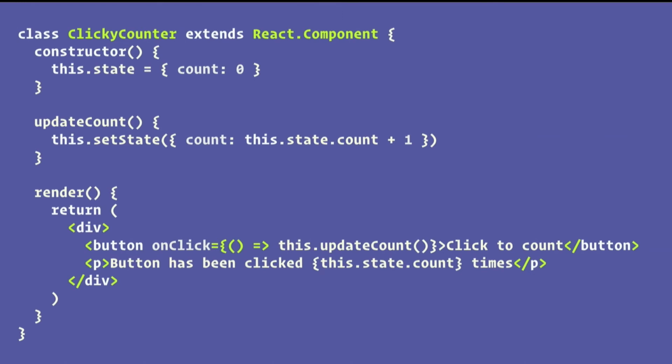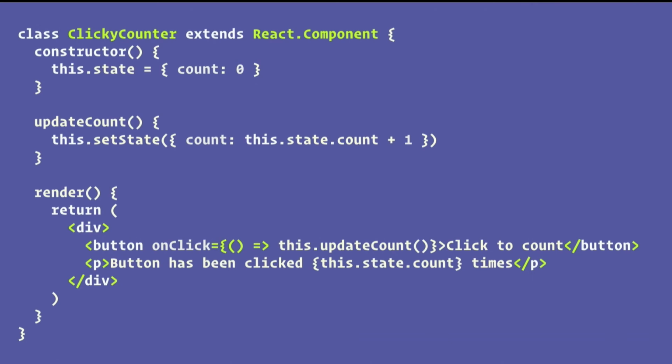Your render method has to return a React element. And the easiest way to make React elements is JSX by far. So we have button on click, runs an arrow function that calls this.updateCount. Okay, this.updateCount, that's a method on our class. And it calls this.setState and sets count to this.state.count plus 1.